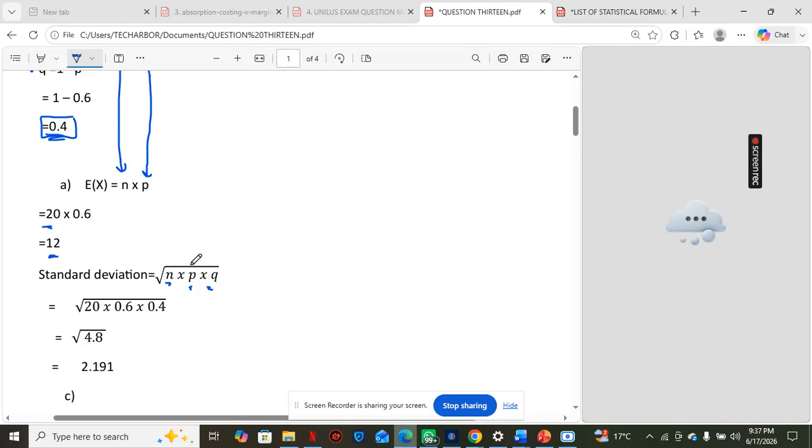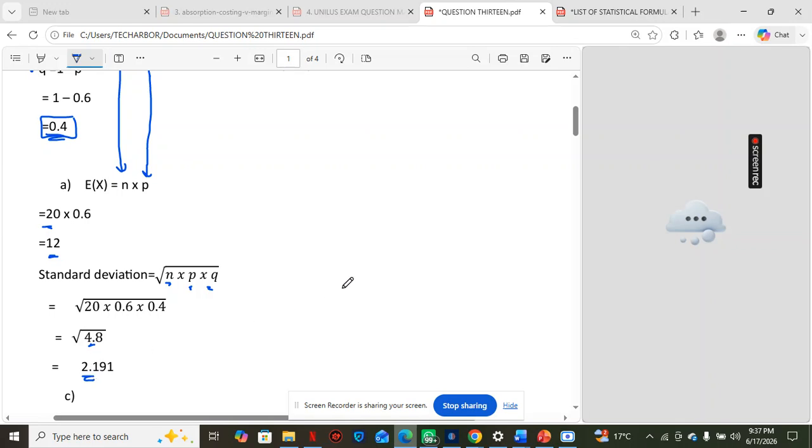Then you take the square root of this. So you're going to say 20 times 0.6 times 0.4. You're going to get 4.8. The square root of 4.8 is basically 2.2.